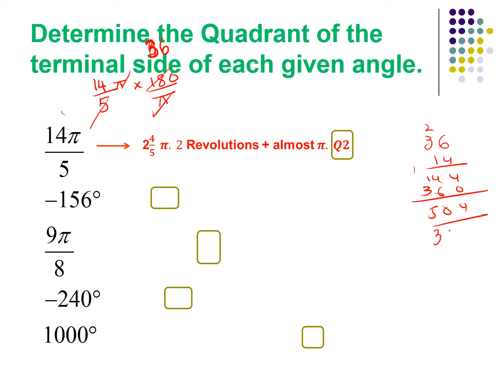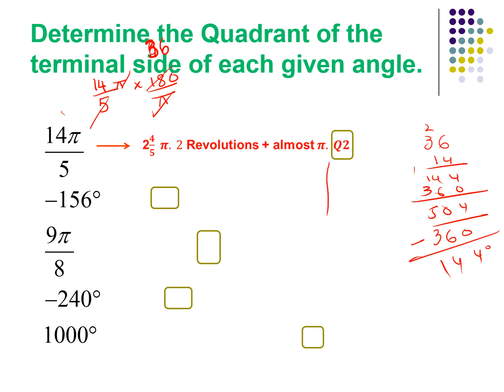Of course it is bigger than 360 degree, so subtract 360 from it. You will get 144 degrees.